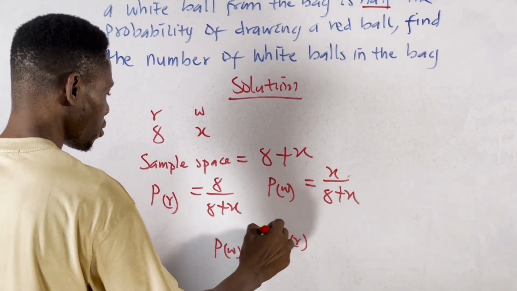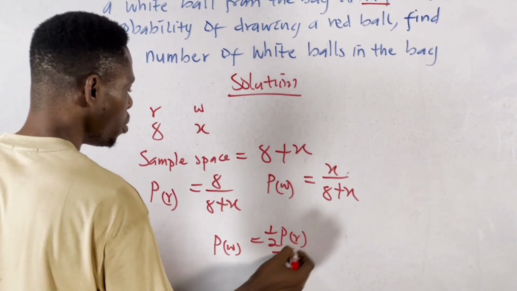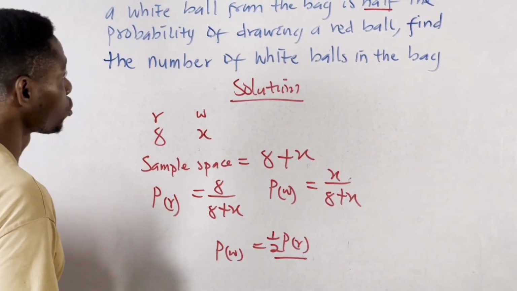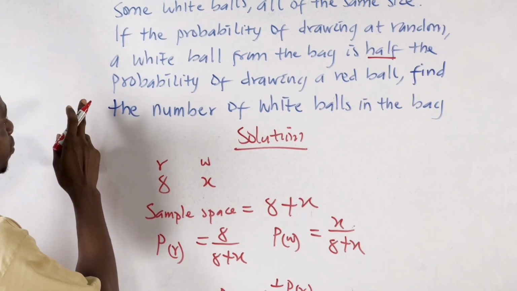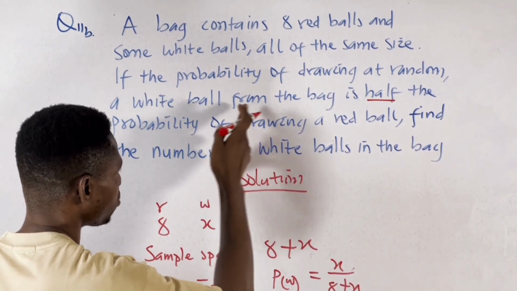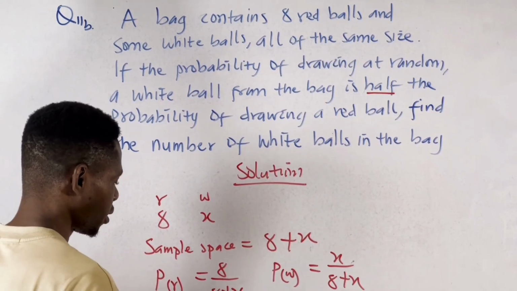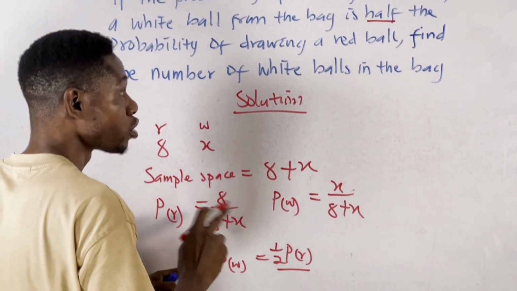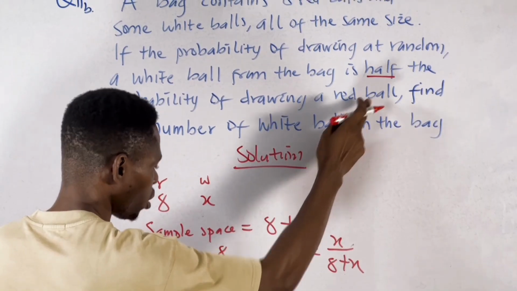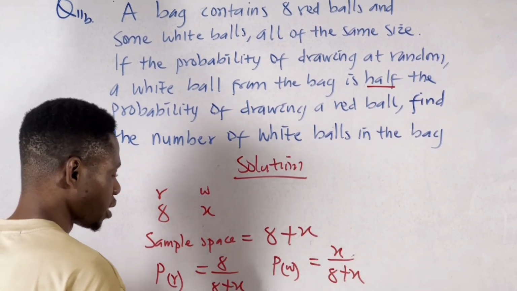So half the probability of picking red will be equal to the probability of picking white. I hope that makes sense to you. It says if the probability of drawing at random a white ball from the bag is equal to half the probability of drawing a red ball. So I hope this makes sense now.